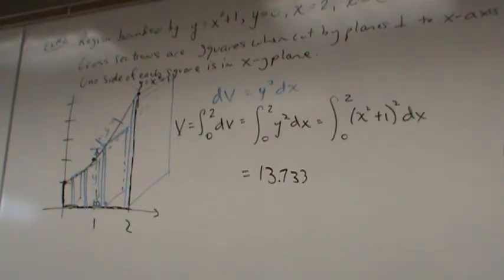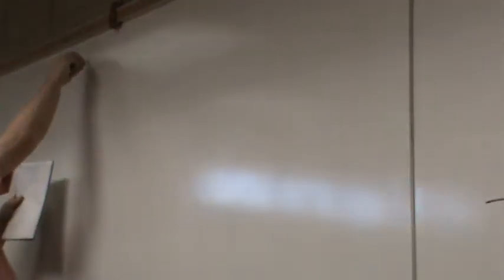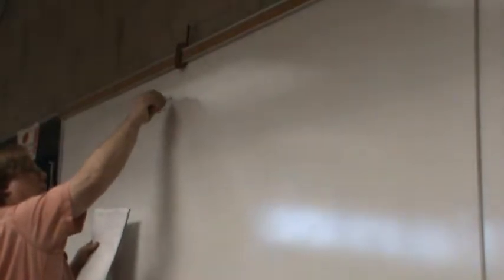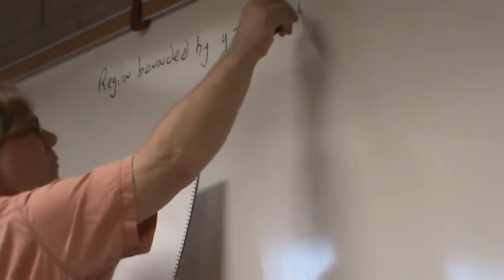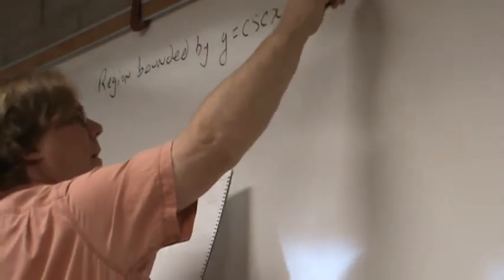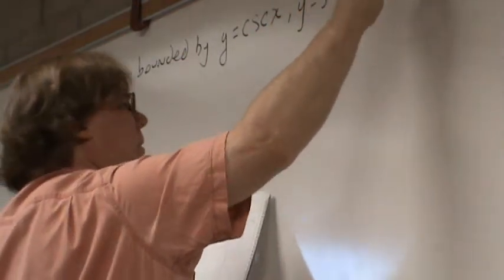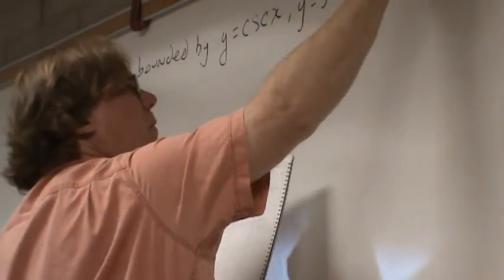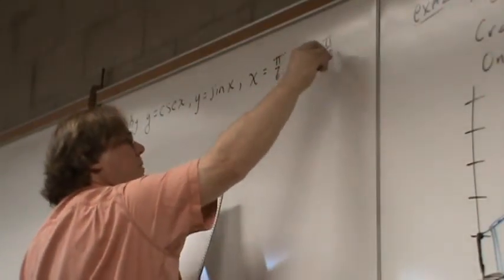Okay, here we go. Region bounded by y equals cosecant of x and y equals sine of x, x equals pi over 6, and x equals pi over 2.